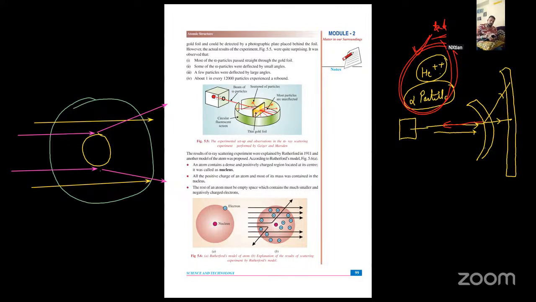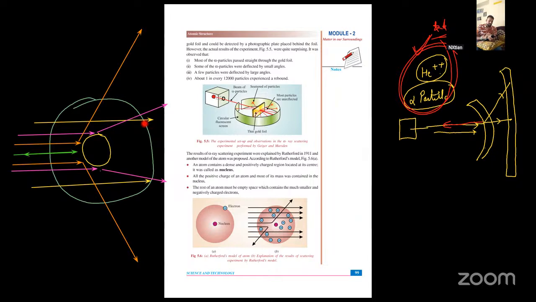And if alpha particles hit very nearly at the center of the nucleus, then they deviate with a great angle. And the rare part is when the alpha particles come straight at the center of the nucleus, they move back in the same path. So basically, we have these types of lines.